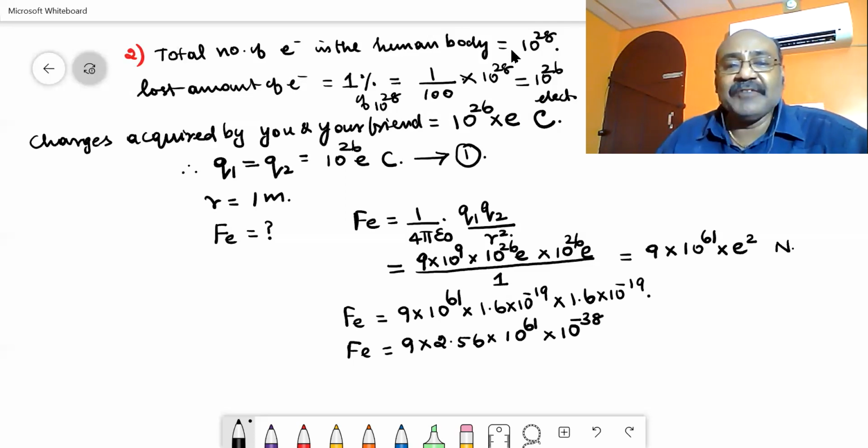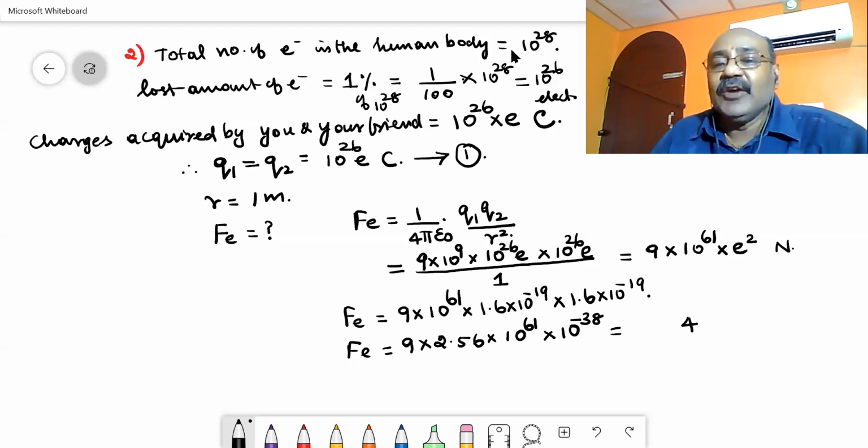On simplifying, you multiply this 9 with this 2.56. 9 into 6, you will be getting 54, remaining 5, 45 plus 5, you will be getting 50, then 0.9 into 2, 18, 18 plus 5 is 23, into 10 to the power of 61 minus 38.